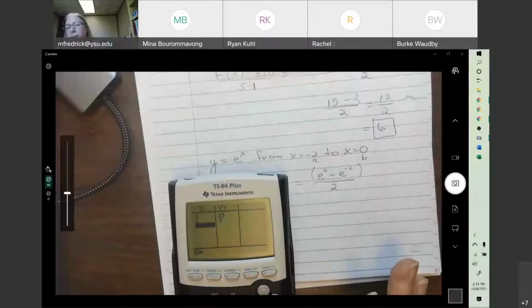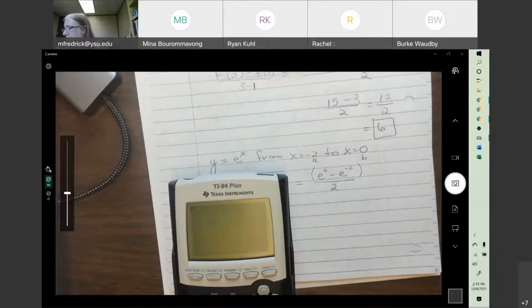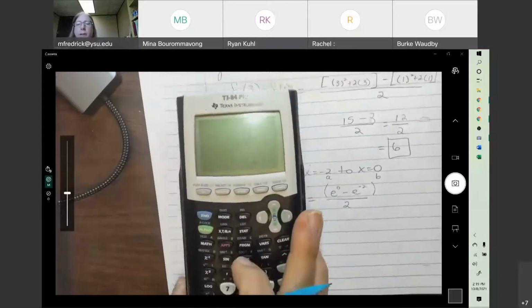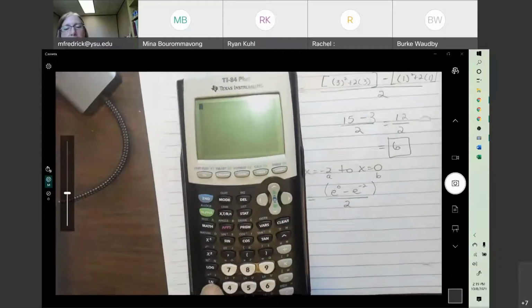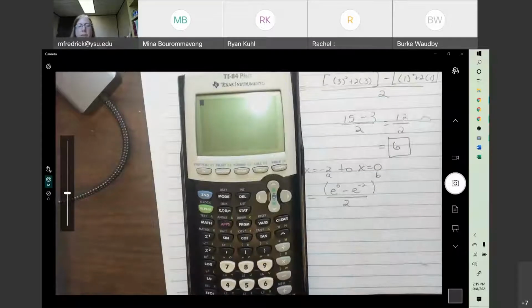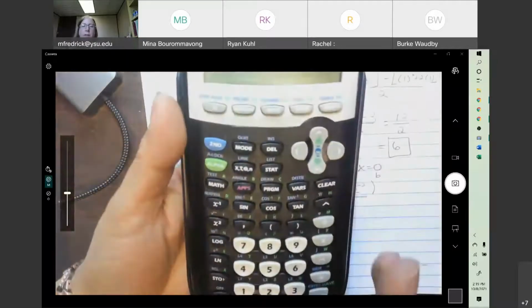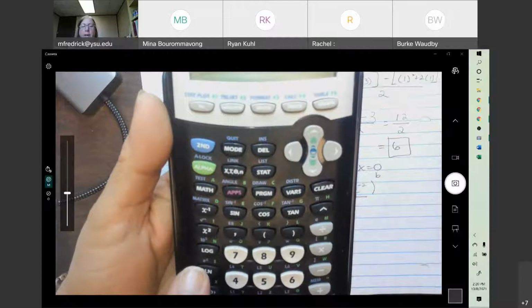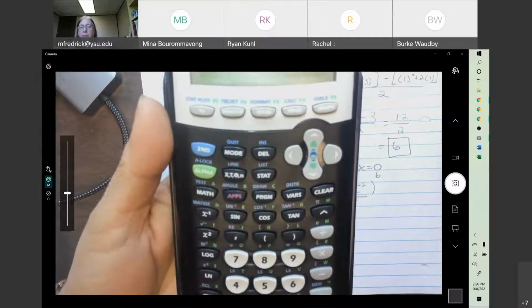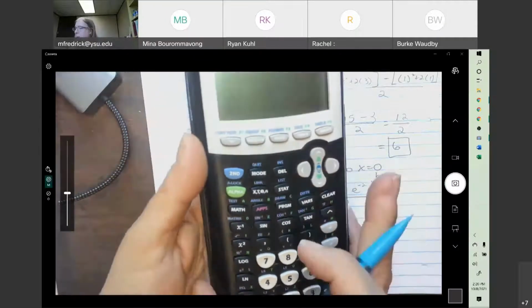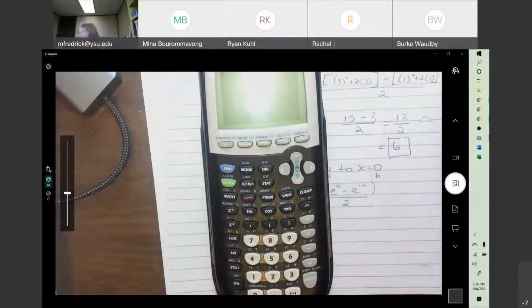Now, if you do want to enter it all at once, let me clear my screen. There we go. The E button, E and natural log are inverses of each other, so they're together. No matter what calculator you have, the natural log and the E will be together.